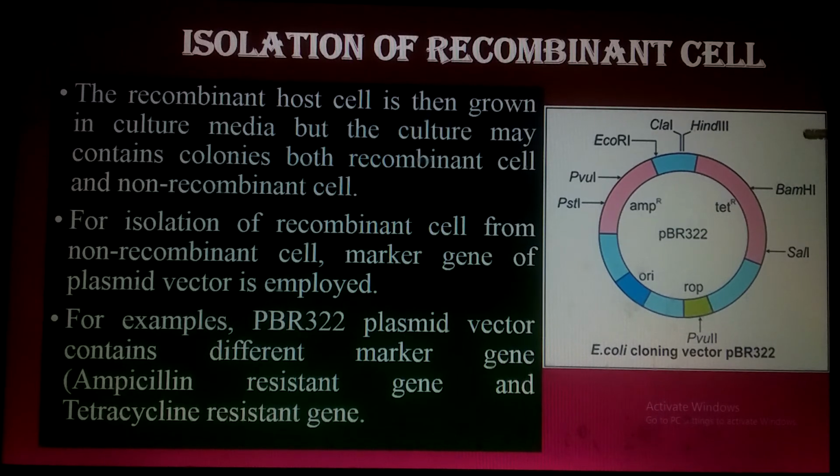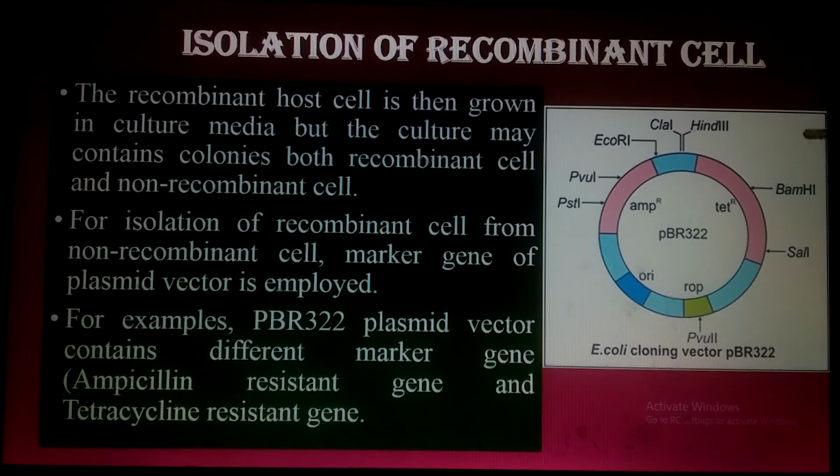For example, the pBR322 plasmid vector contains different marker genes, the ampicillin resistance gene as well as tetracycline. If we put ampicillin and tetracycline on the colony of bacteria in which recombinant and non-recombinant bacteria are growing, then what will happen?